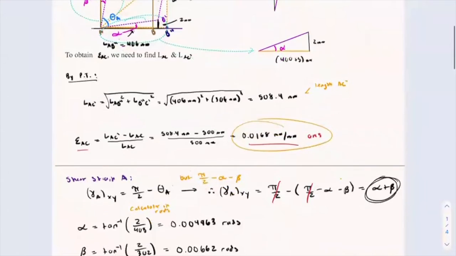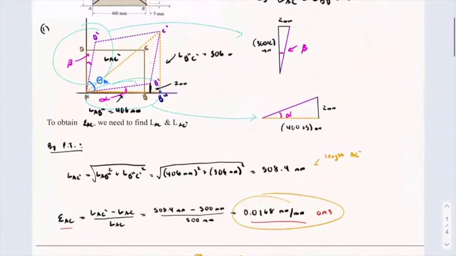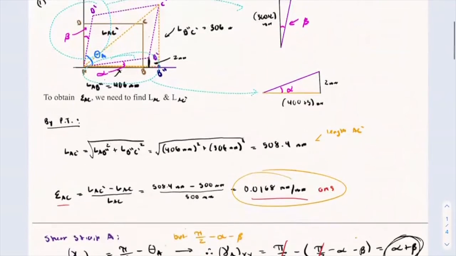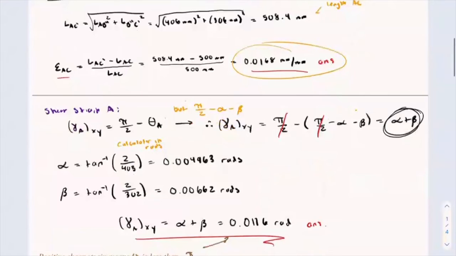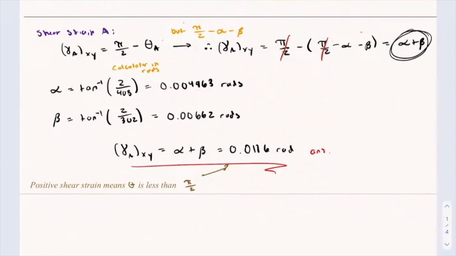If we look at the diagram, we can use tangent of alpha, which is 2 over 400 plus 3. To get alpha, we take the inverse of tan, so alpha is equal to tan inverse of 2 over 403, which equals 0.004963 radians. We know that the angle is less than pi over 2, meaning a positive shear strain.